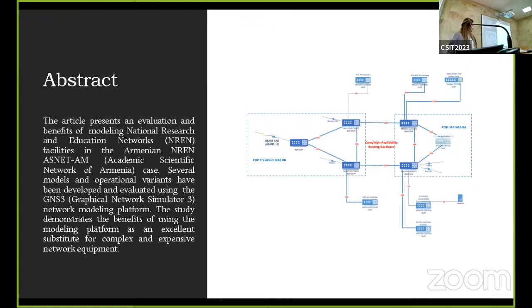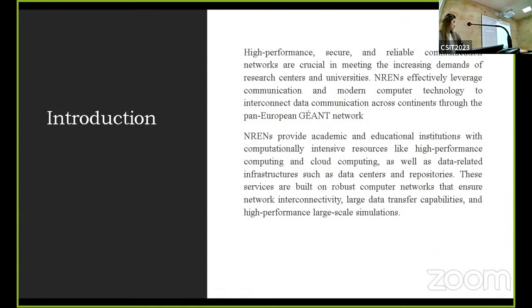On the picture, you can see the Armenian ASNet AM topology. Within it are our core routers, which I will introduce next. In the introduction, we show that high performance, secure and reliable communication networks are critical in meeting the increasing demands of research centers and universities.